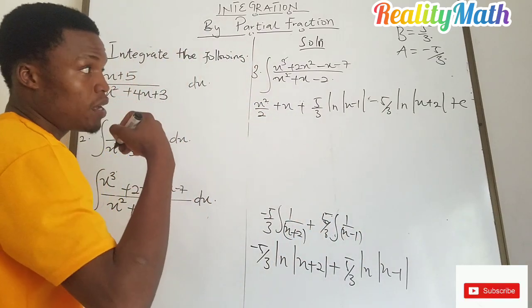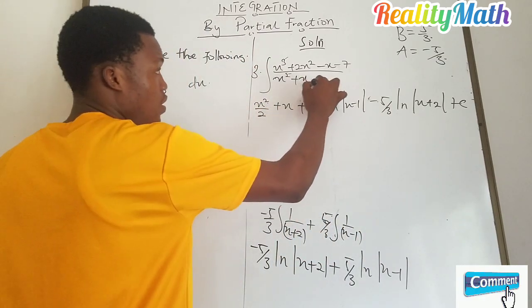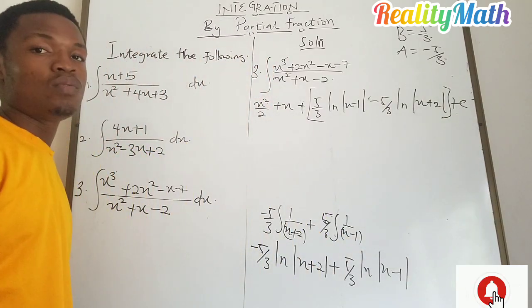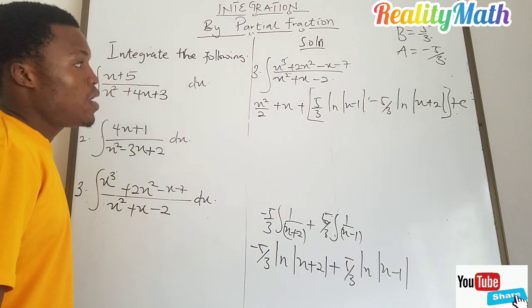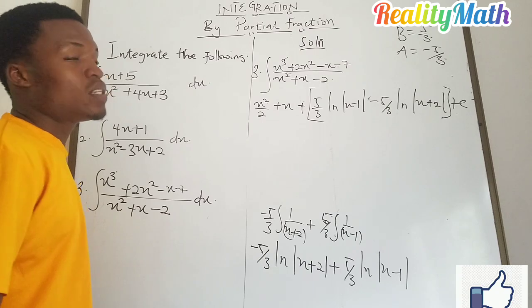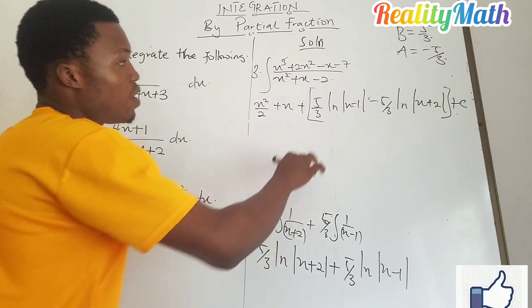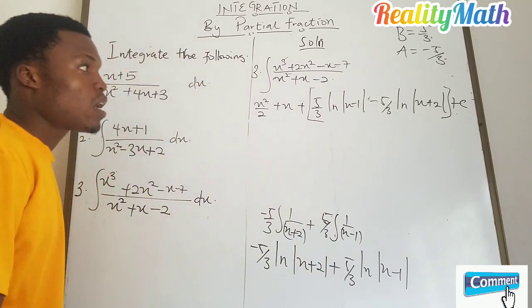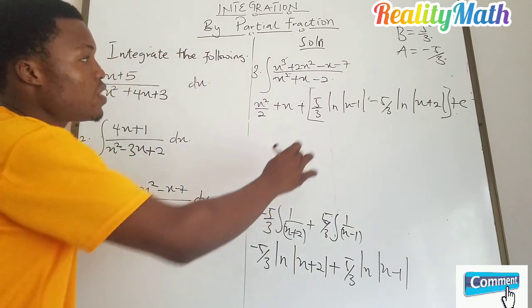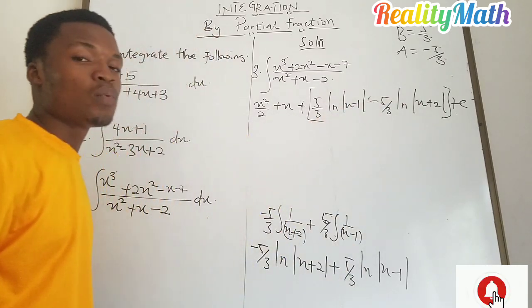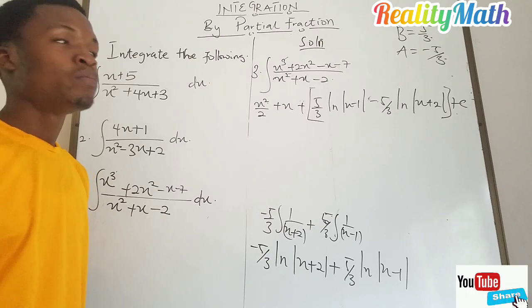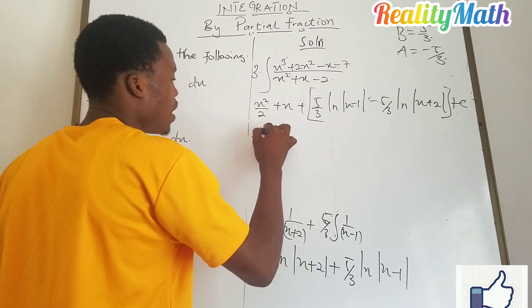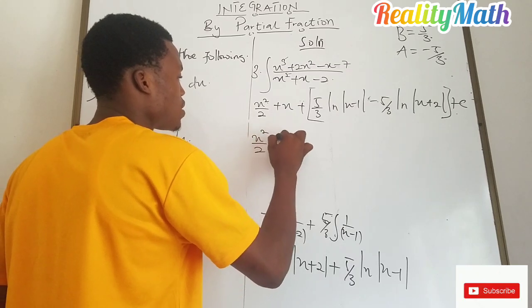Okay, here we are having the ln. We can put the ln into the same bracket and see if there's something we can do about them. But here lies the case, we know that using the rules of logarithm, whenever a log is dividing another log, we can actually put, so if they are subtracting, it means that what? We can divide them. Okay, so if we can divide them, then we can now have our x squared over 2 plus x.